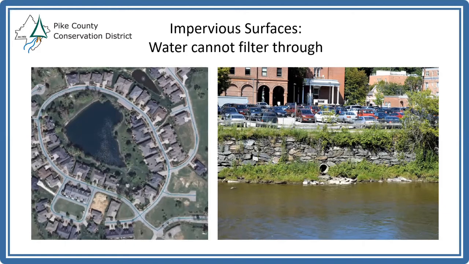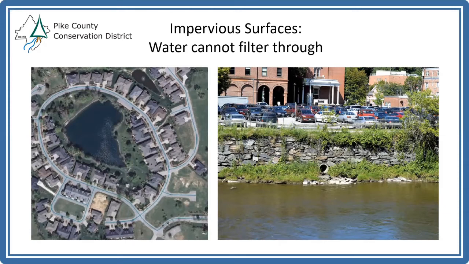As you can see here in the right-hand picture, there's also cases where impervious surfaces collect all of the water over a larger area, like a parking lot, and concentrate it down into coming out of one pipe into a water body. And that can stir up the water, it can increase the severity and the frequency of floods, and it can cause the displacement and destruction of habitat in that water.